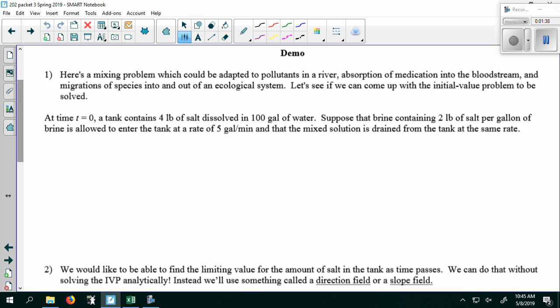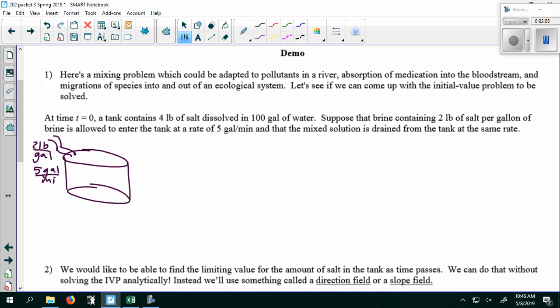So we could draw a little picture of the tank here. Tank filled with salt water. At time t equals 0, there's 4 pounds of salt dissolved in 100 gallons of water. And we've got a little faucet going into the tank, and it's got 2 pounds of salt per gallon, 5 gallons per minute of brine flowing into the tank.